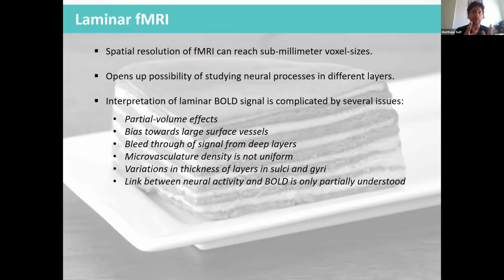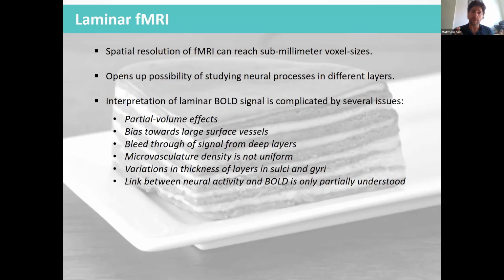The layers are generally smaller than 0.8 millimeters, and so your voxel is always going to contain signals from multiple layers. Also, gradient echo BOLD is really biased towards the large surface veins on the surface of cortex. And so that's going to distort the laminar profile that you'll measure, and your BOLD signal is going to be increasing as you move towards these surface veins.